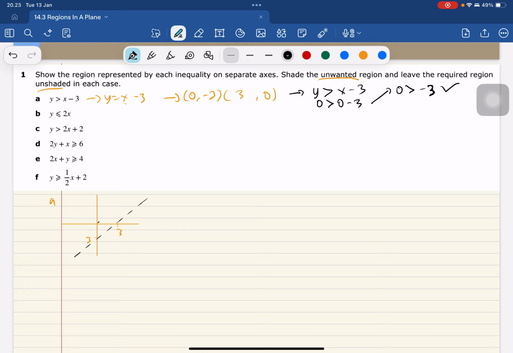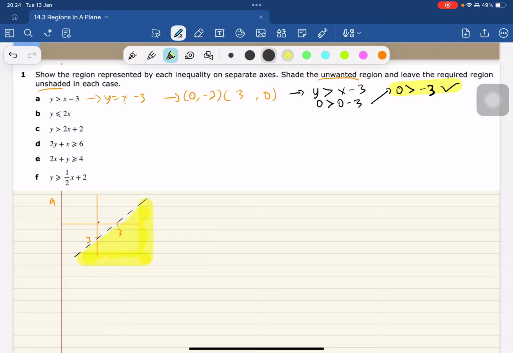The answer is yes. So this is the correct area. The unwanted region is the opposite, which is here. This is the unwanted area. So the region you want is the area that contains the point that makes the inequality correct, like this here.